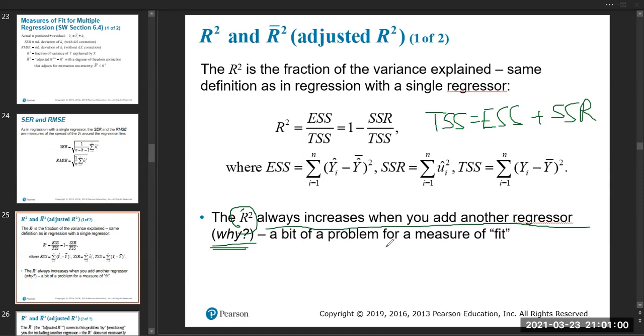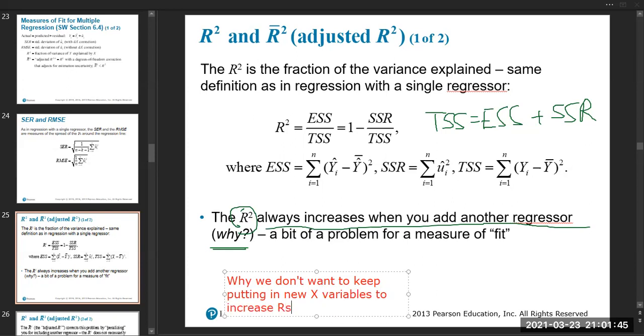So there's a bit of a problem with that, because what if you just keep on adding variables to make R squared too big? Why don't we want to keep putting in new x variables to increase R squared on and on?